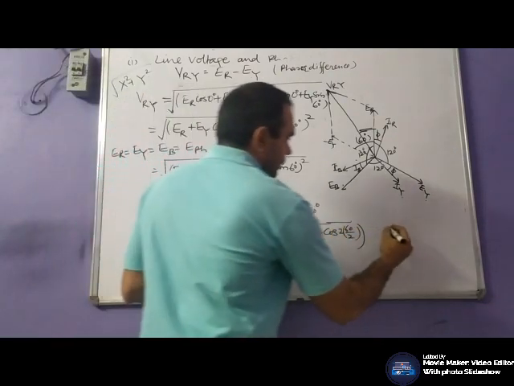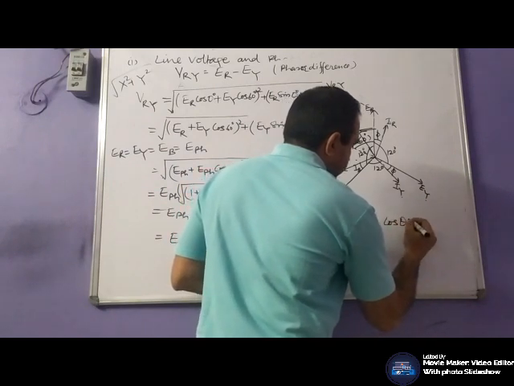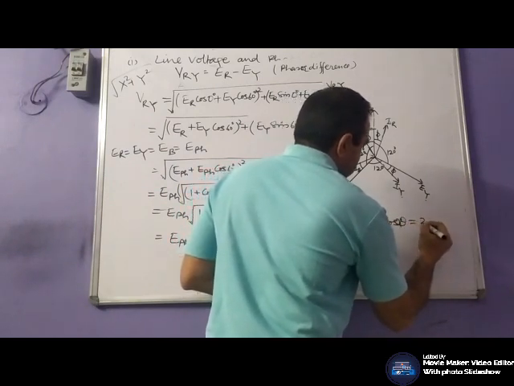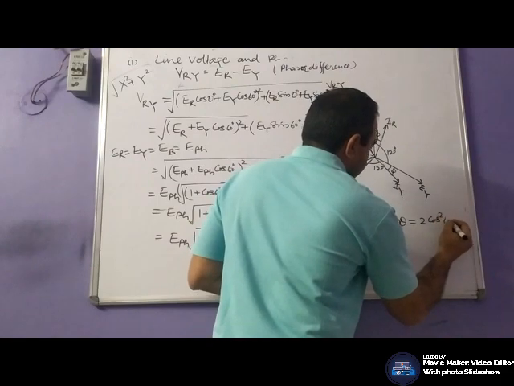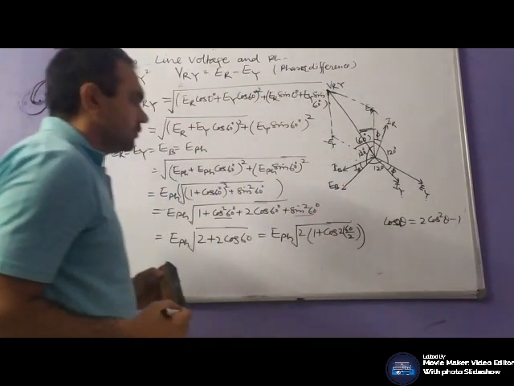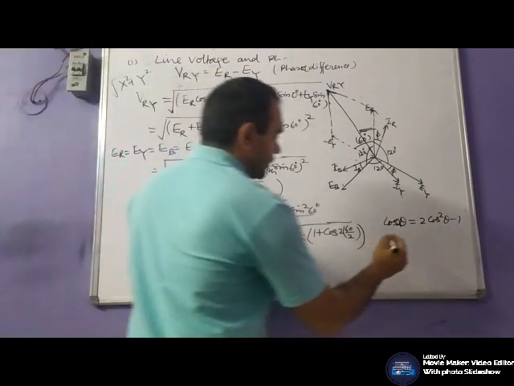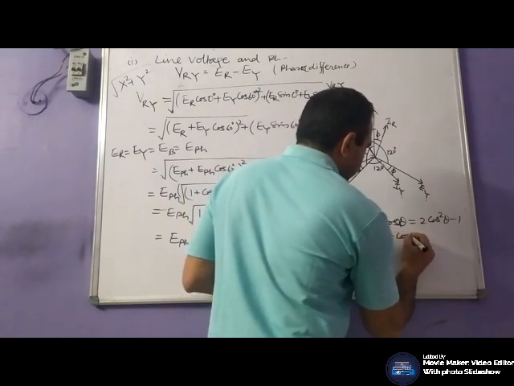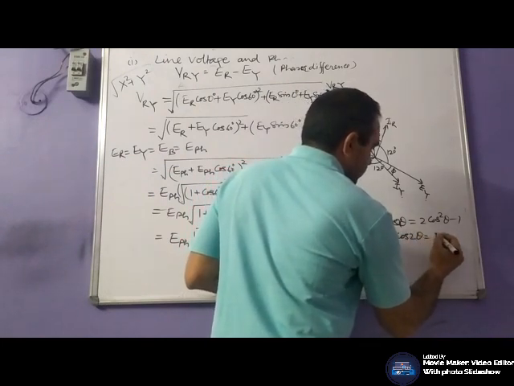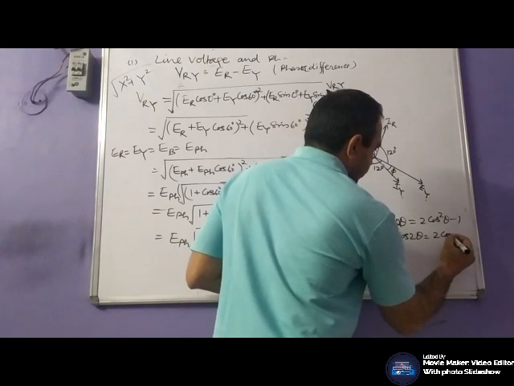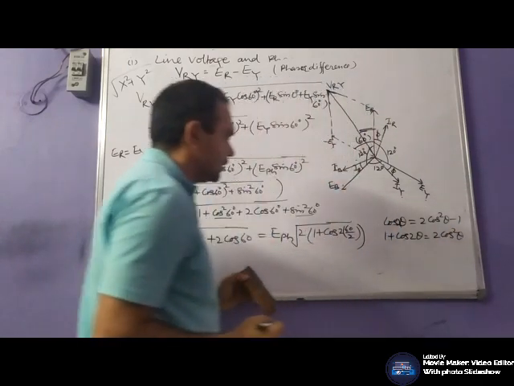We know cos 2 theta is 2 cos squared theta minus 1, so 1 plus cos 2 theta is 2 cos squared theta.